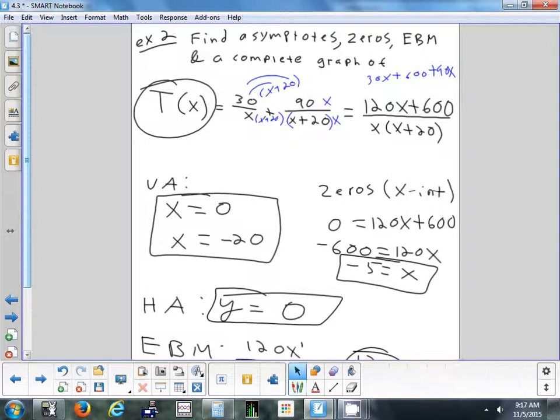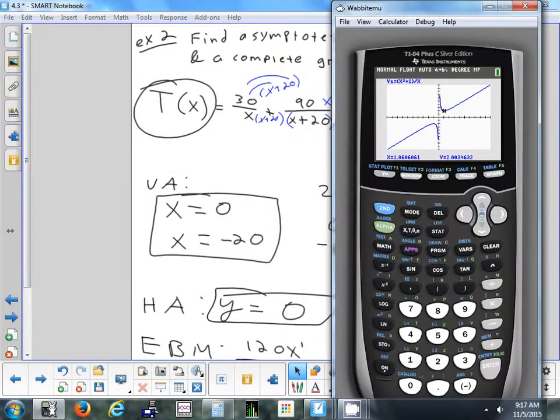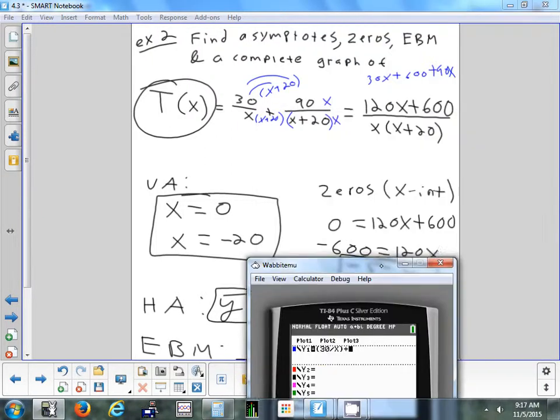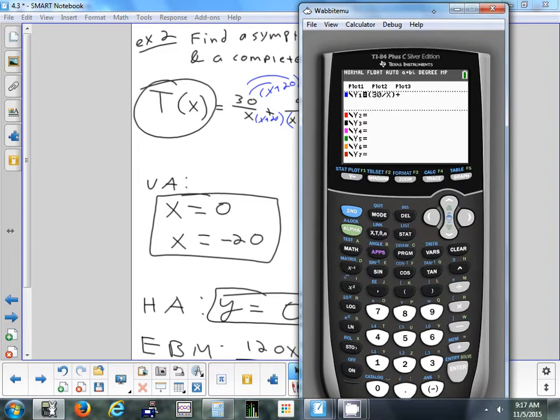Okay, let's find a complete graph. To find a complete graph, I'm going to just type in the original problem. It's not that hard to type it in. 30 divided by x plus 90 over x plus 20. As far as our window, I wouldn't look at negative speed.